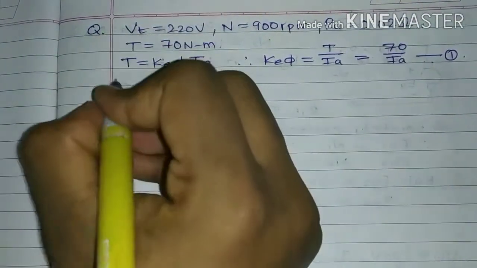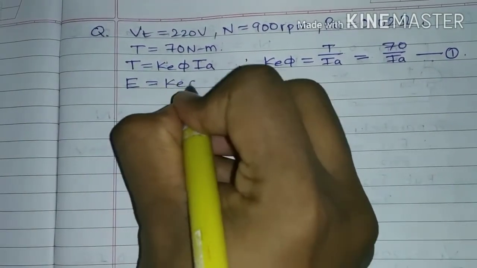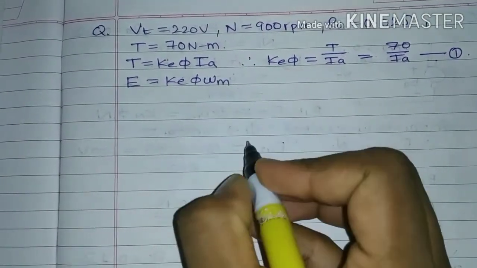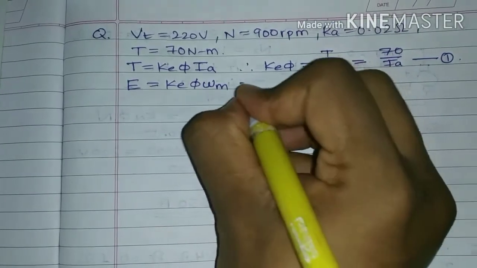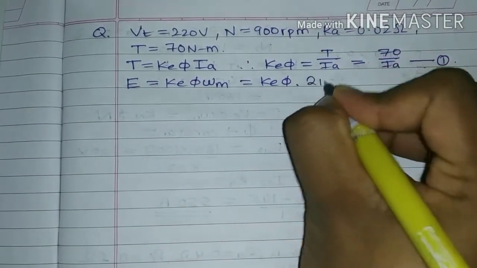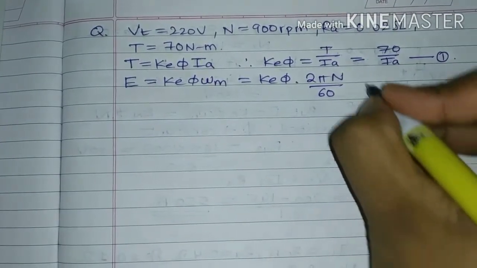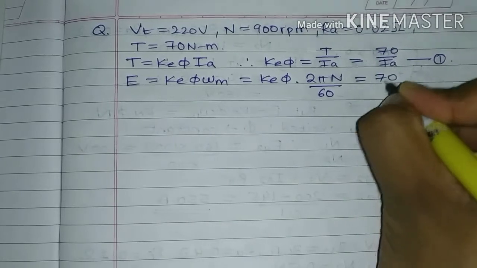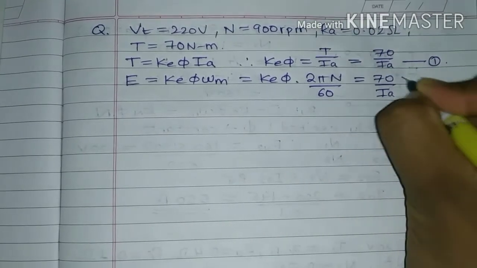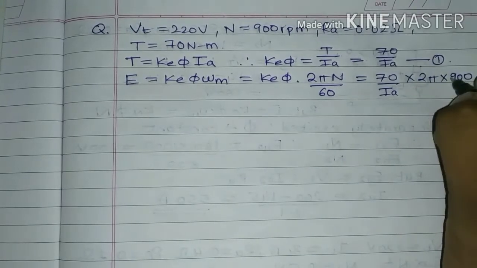Let's name this as first equation. Now E is equal to Ke into phi into omega m, which is equal to Ke into phi into 2 pi into n upon 60, where n is the speed in RPM, which is equal to 70 upon Ia into 2 pi into 900 upon 60.